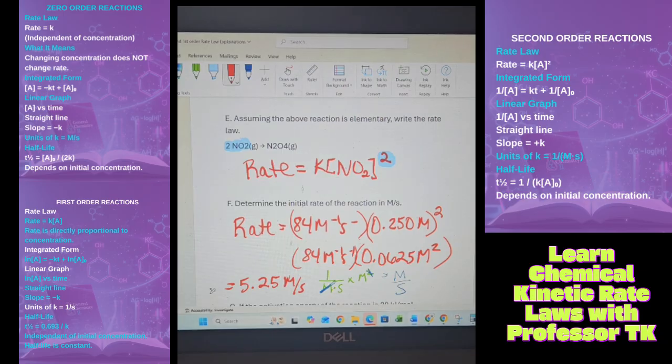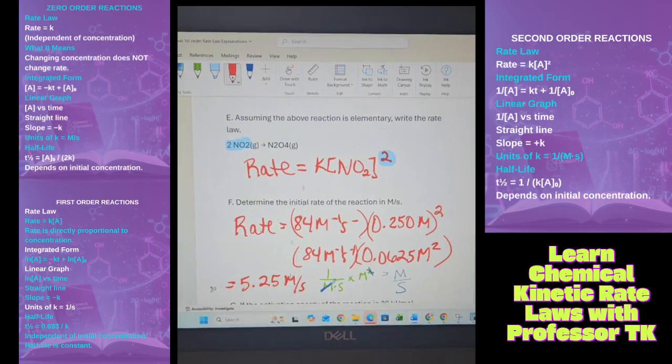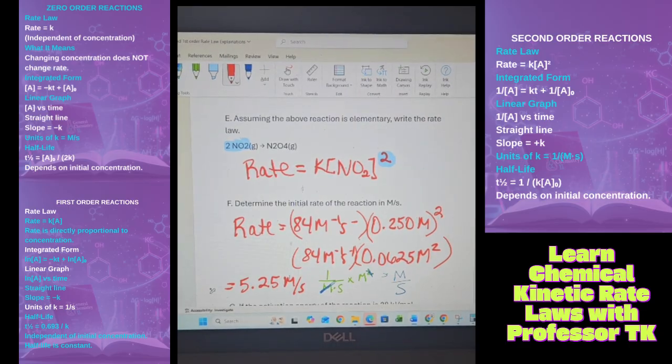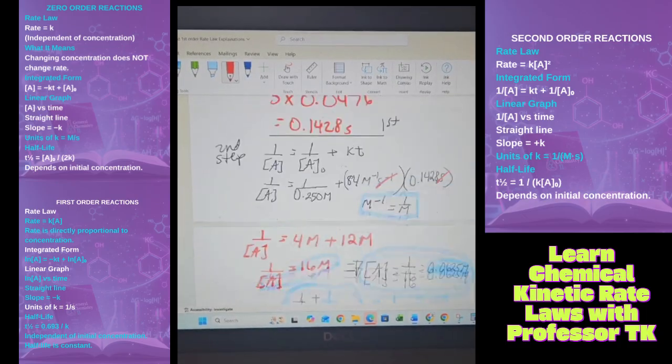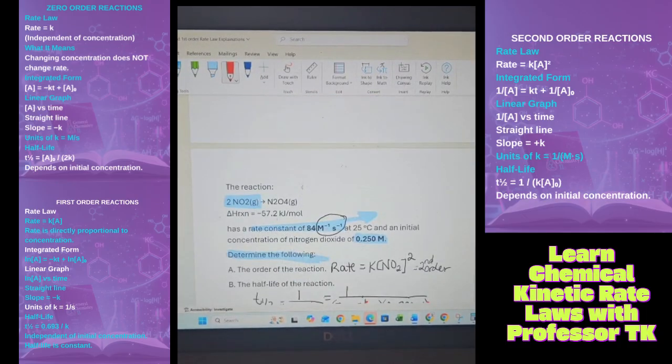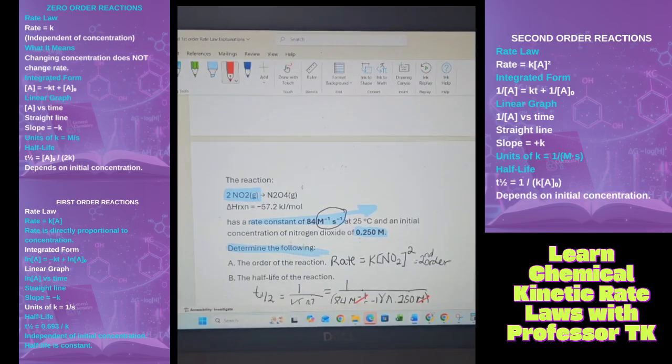If I were you, I would rework this problem again, just so you know that if you see this on your test, you can do it. And something else: go back and rework it as if I told you this was first order. Rework it as if I told you this was zero order. Why do I say that? Because you always want to have more than one way to do it.